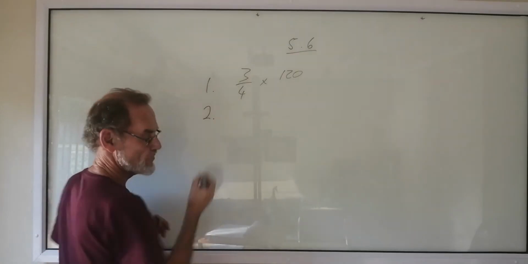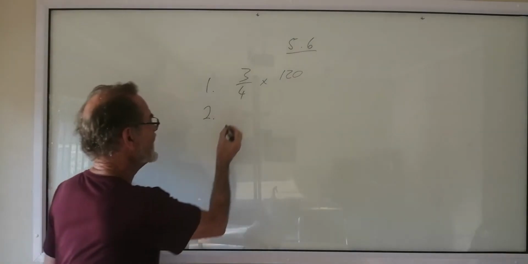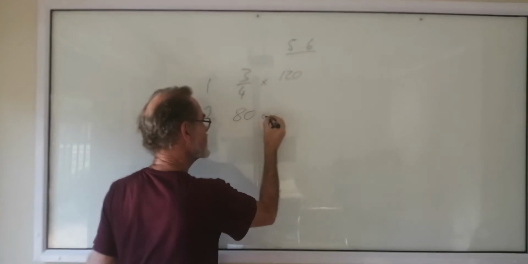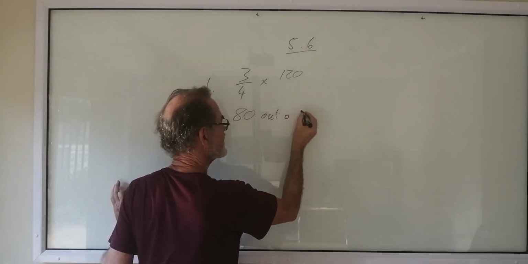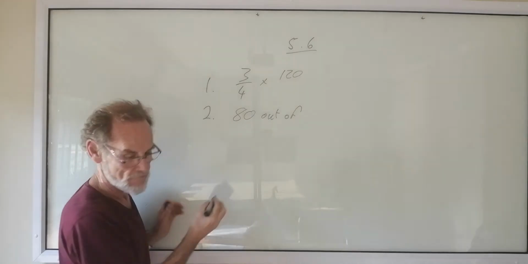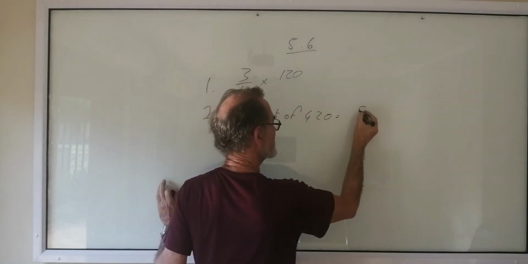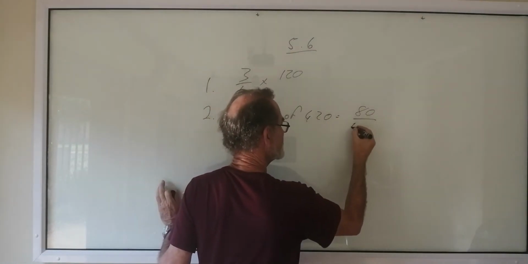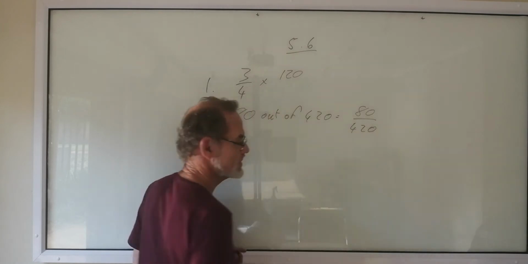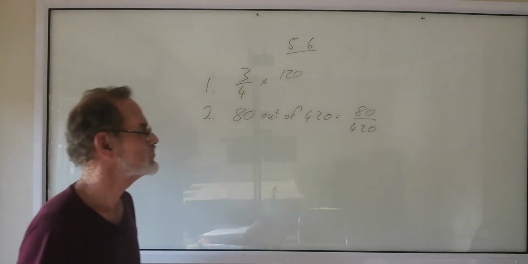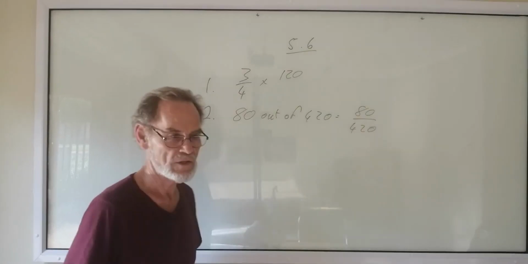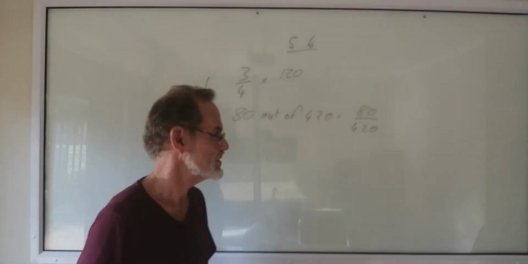Number 2, you want to work out 80 out of 420. Okay? And you write this as 80 out of 420. It's the same as your marks. You get 60 out of 100 or 15 out of 20.